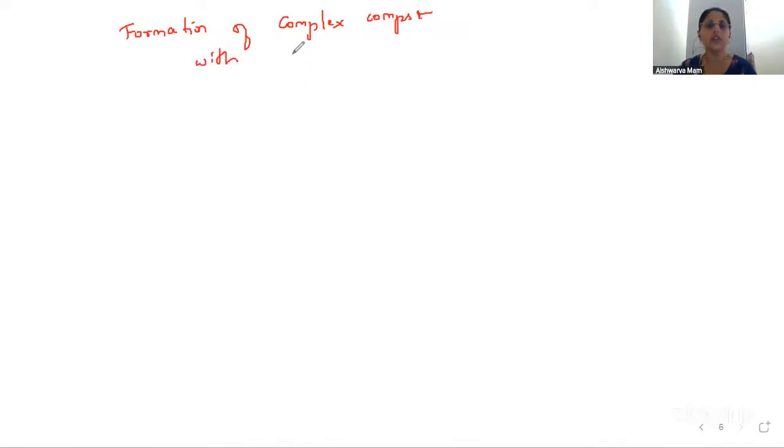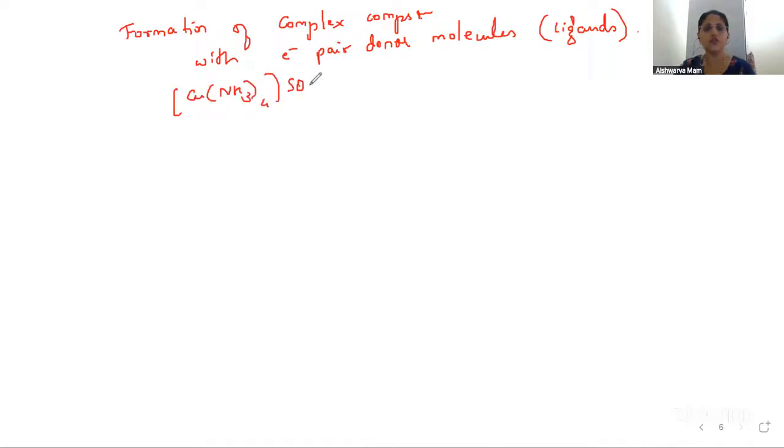Those molecules which donate electron pair are called ligands. We'll study this in detail also. Some examples are Cu(NH3)4 SO4 and K4Fe(CN)6. So these are examples of complex compounds.